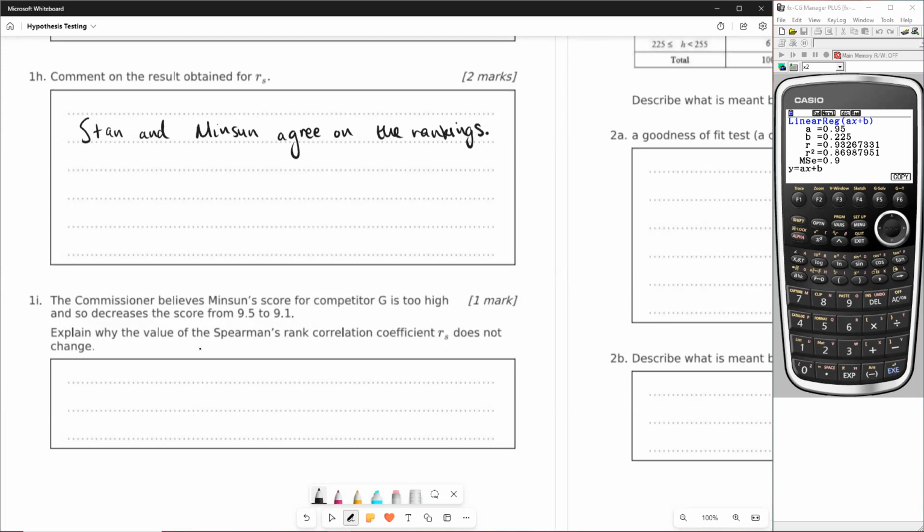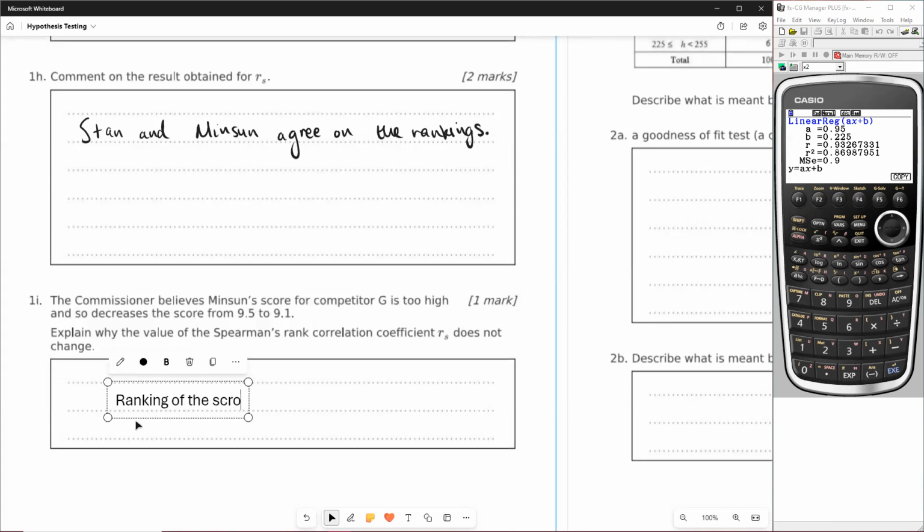It's because the number that came after 9.5 was 9. 9.1 is still greater than 9, so that means the ranking of that score remains the same, right? So that means the ranking of that score remains the same.